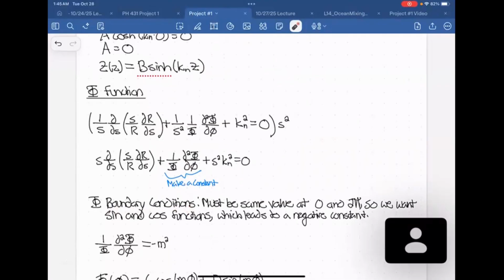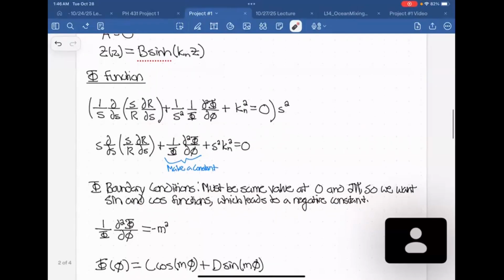The boundary condition here is that the potential, or V, must be the same value at 0 and 2 pi, which means we're going to want sine and cosine functions because they oscillate and are periodic, so they'll return to the same value over a period of time. Because of this, we need a negative constant. So this time we're going to call our 1 over phi times d squared phi over d phi squared equal to negative m squared.